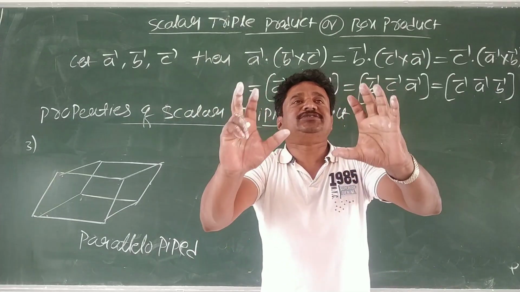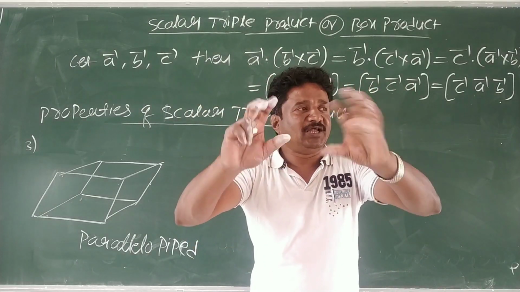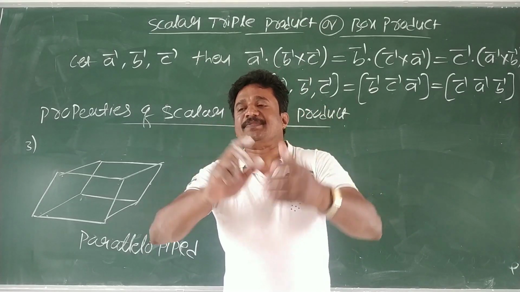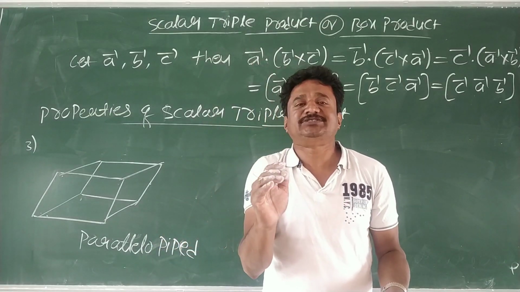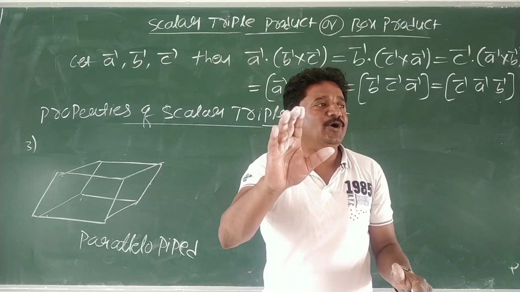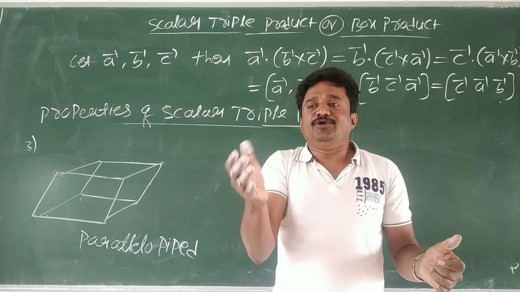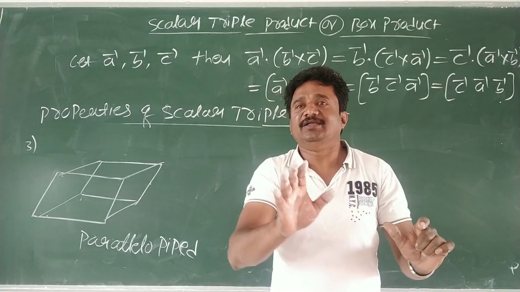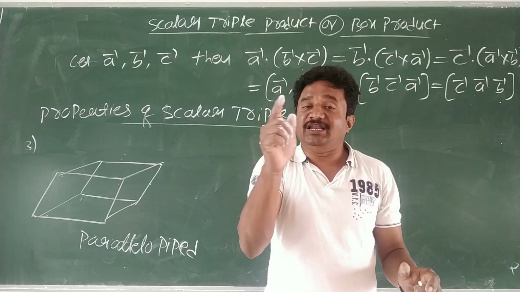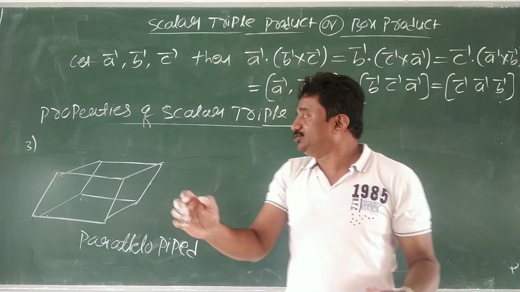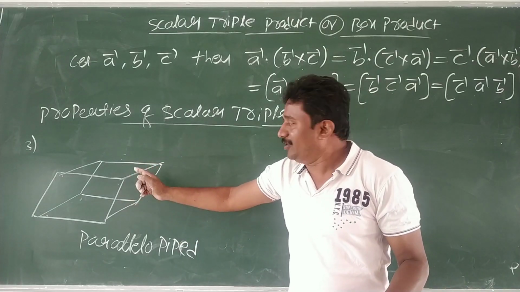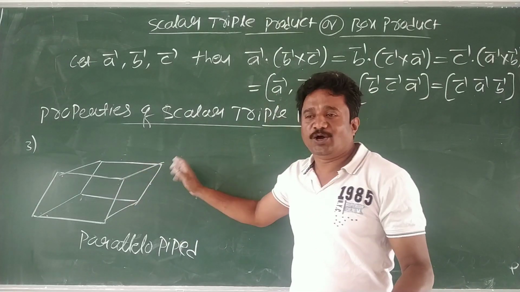If all faces are squares, you have seen a cube. So all faces, how many faces? 6 faces are squares in a cube. In a cuboid, if all faces are rectangles, just like a room, then it is called a cuboid. Parallelepiped means all the faces are parallelograms.